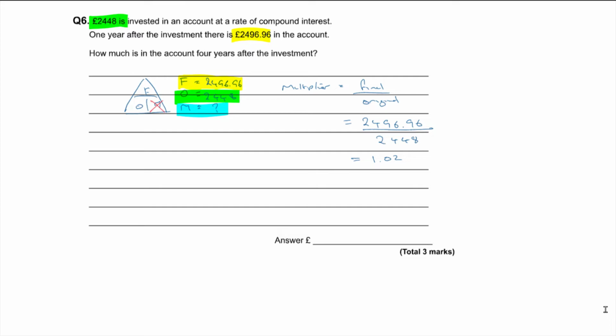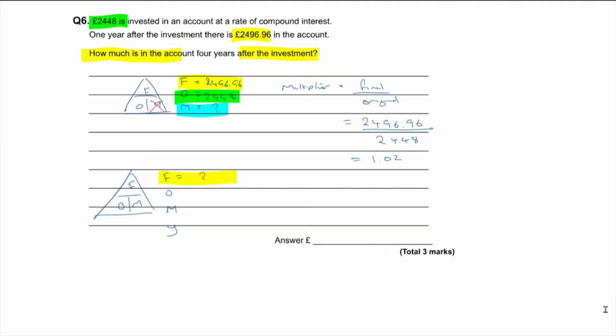So in the next part of the question, I've got final, original, multiplier, FOM, and this time y as well. Now the final is the thing we want to find, isn't it? How much is the account worth after the investment. So that is the final we're looking for now.